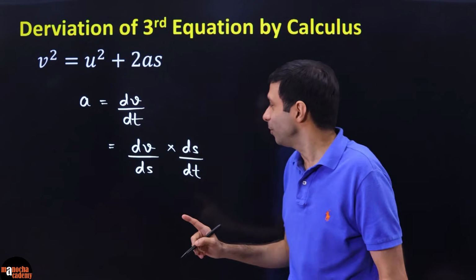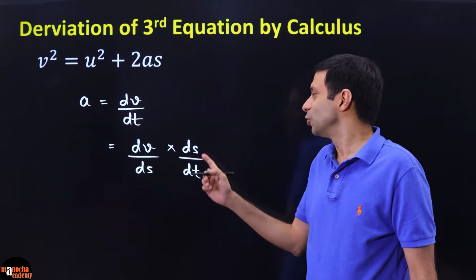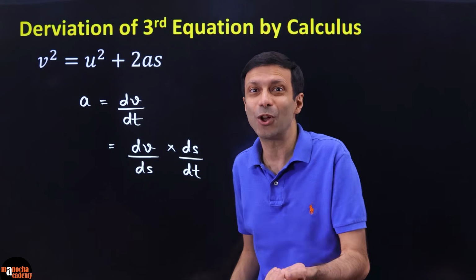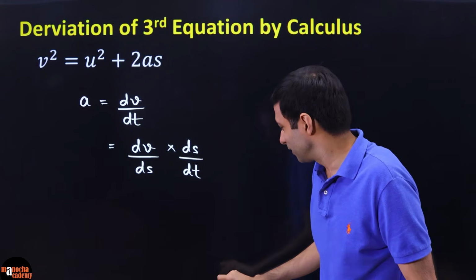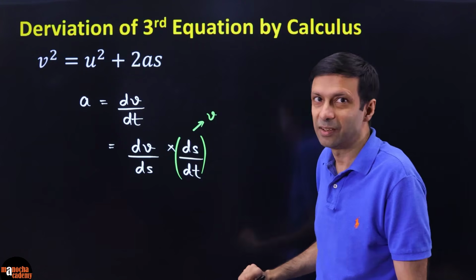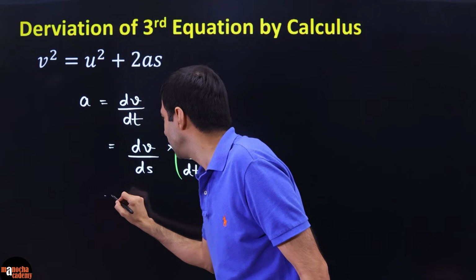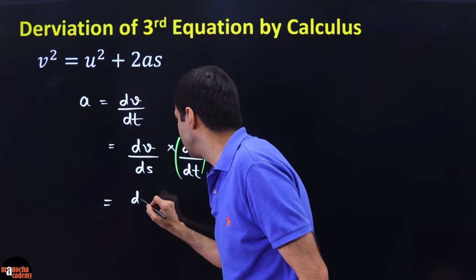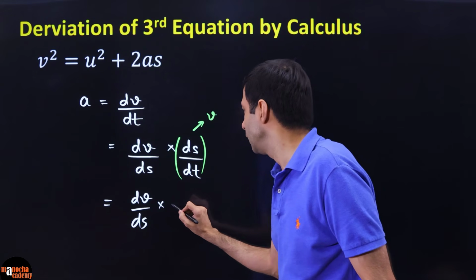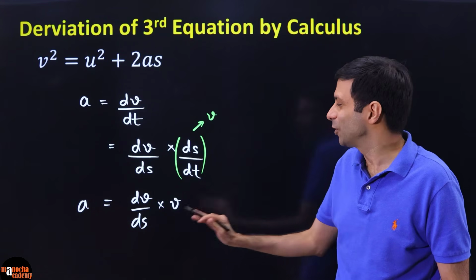How do we get rid of the time? Because what is ds by dt? s is displacement, so ds by dt is the rate of change of displacement. That means it is velocity. So this term here is simply velocity v. So we can write acceleration a is dv by ds multiplied by the velocity v here. So see, time has been kicked out, time is not there.